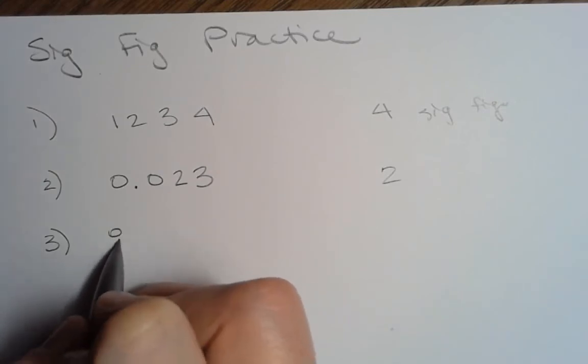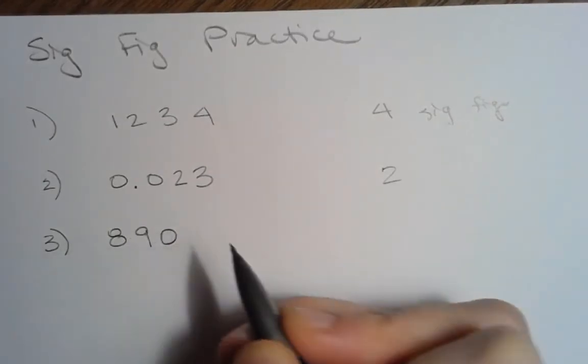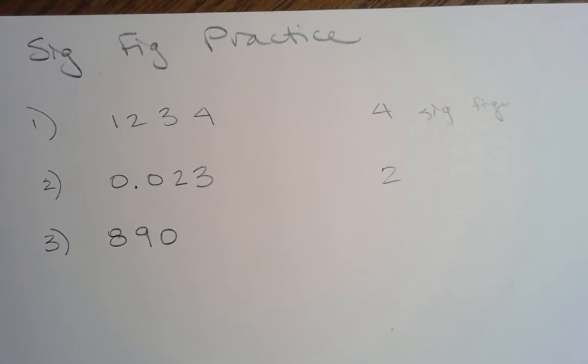The next one is 890. You will note, because you're already astutely aware of this kind of stuff, they did not print a decimal. No decimal in this picture. If they had, it would be a totally different measurement, even though in math class you would say they're the same number. Here we're looking at measurements and amount of confidence in your measurement.